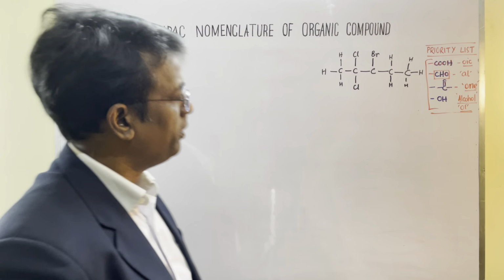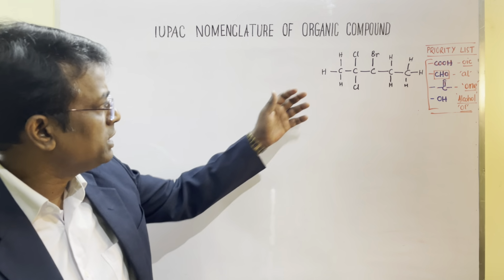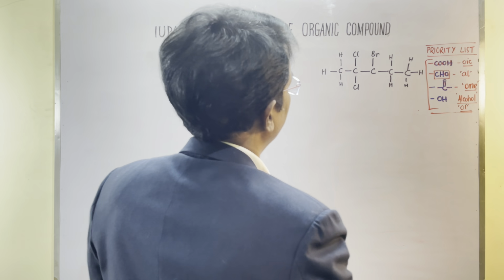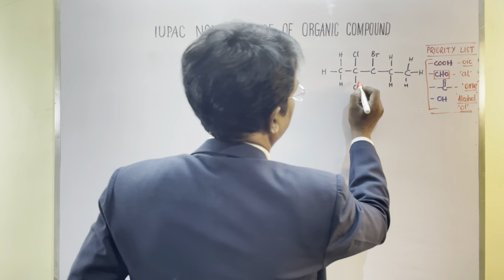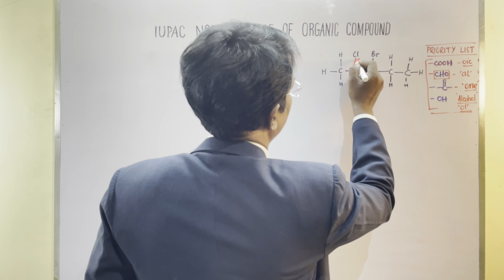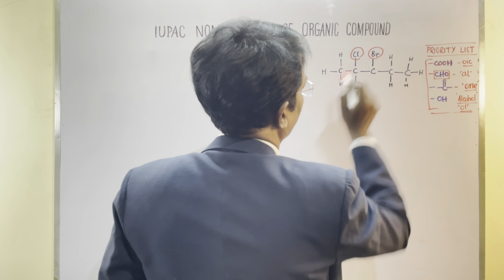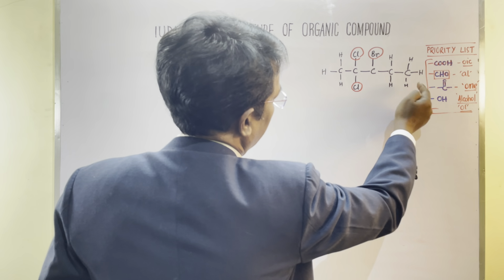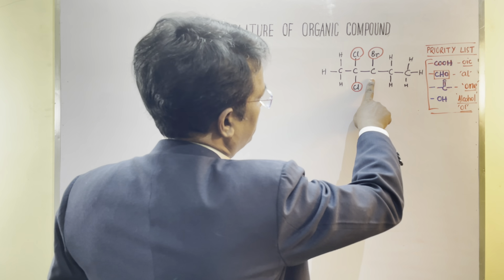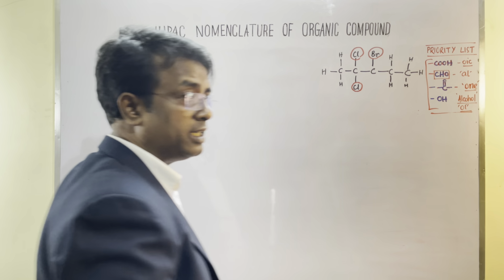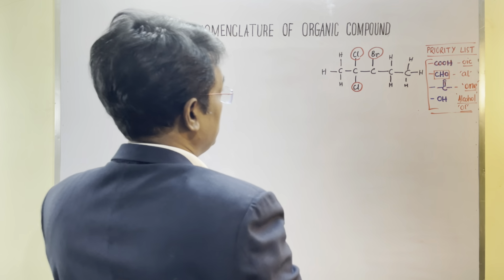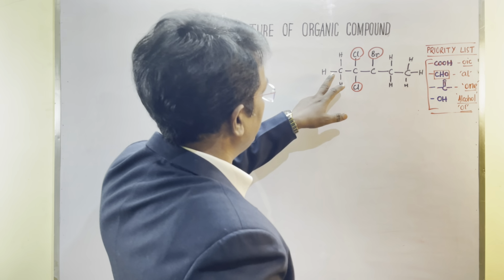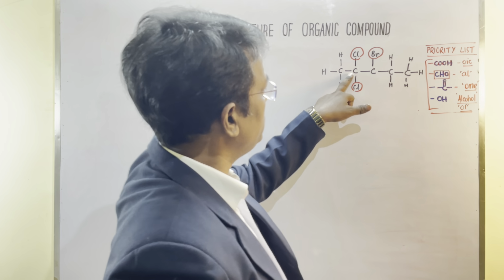Now here we have an example. Let's try to name this one. We have to identify the substituents here. There are 3 substituents. If I start naming from this side, 1, 2, 3, at carbon 3 we find the first substituent, that is bromo. But if I start numbering the carbon atoms from the left towards the right, 1 and 2, at carbon 2 we find one.